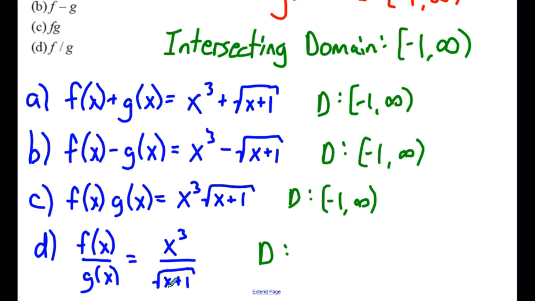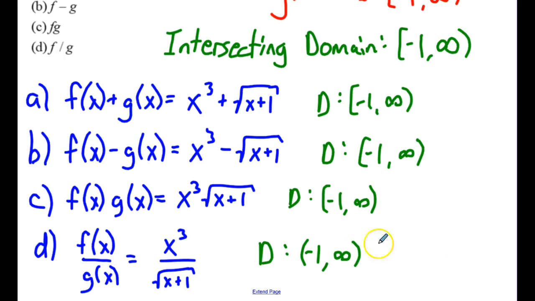In this case, negative 1: if we put that in for x, negative 1 plus 1 is 0. The square root of 0 is 0. So we would have 0 in the denominator. So the only thing that changes in our domain is that we now cannot include negative 1. So we have a parenthesis, meaning negative 1 is excluded from our domain, and then all other x values greater than negative 1 will work.